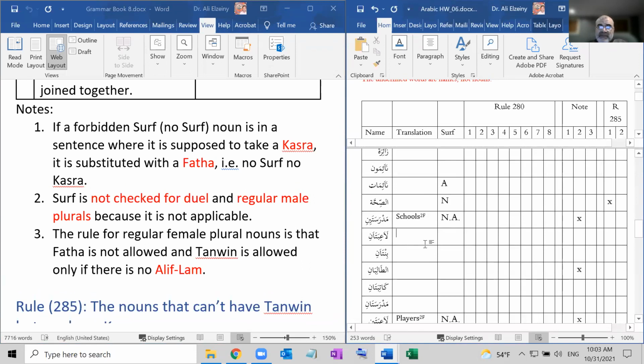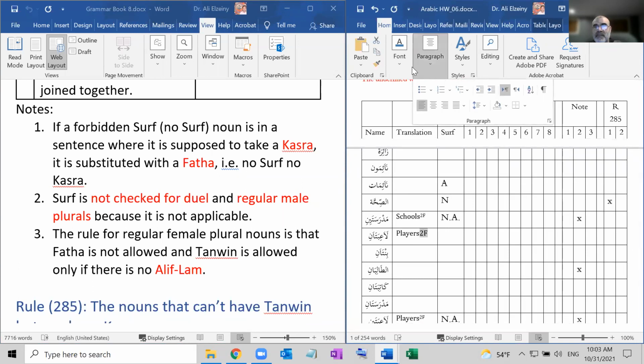لاعبتان, players, 2 female. You might ask me, how did I figure that out?